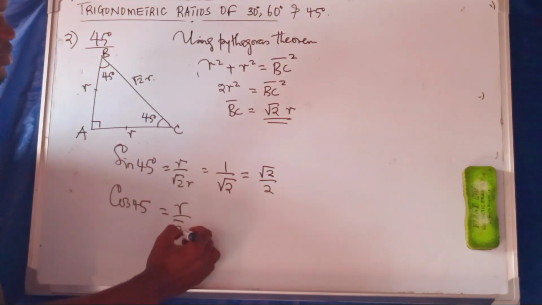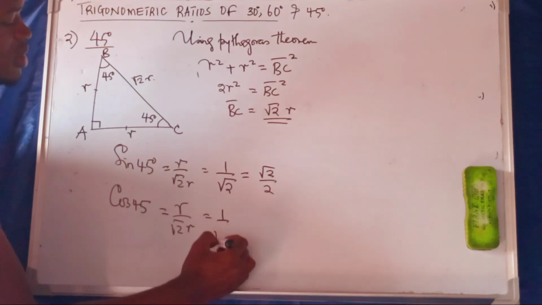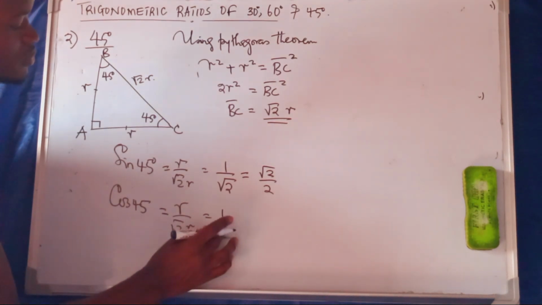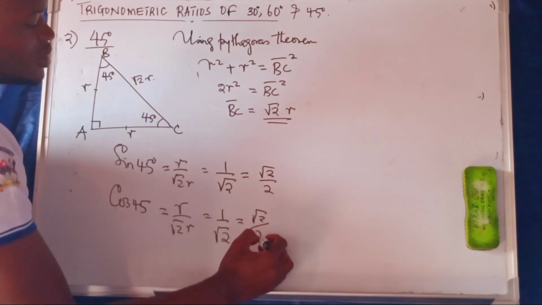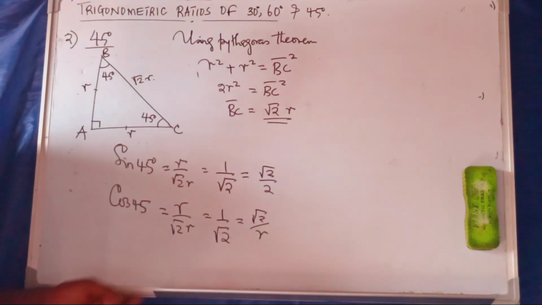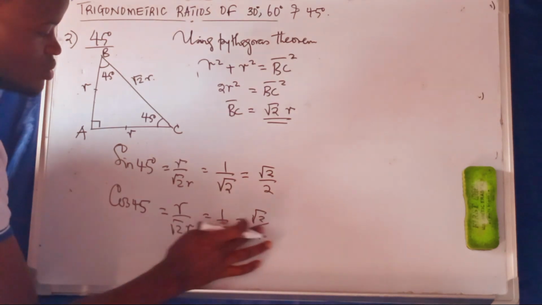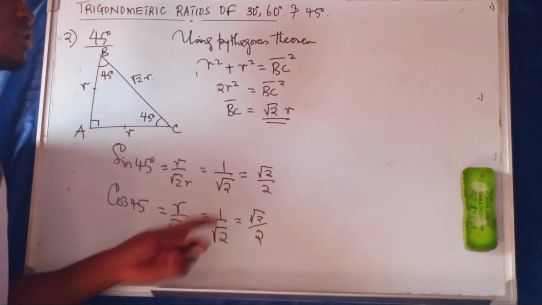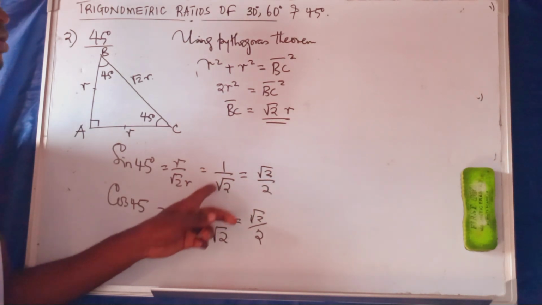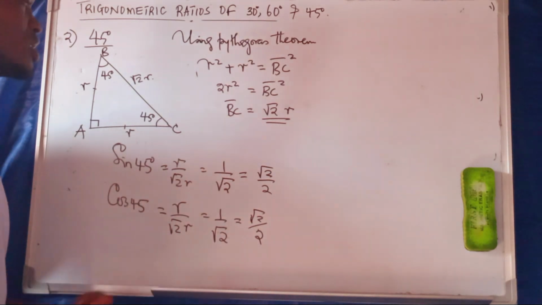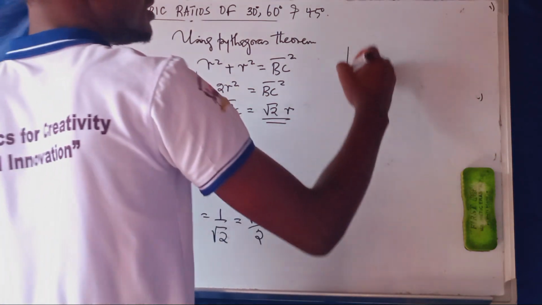R over root 2 R, which is 1 over root 2, which is equal to root 2 over 2. If you don't know how I got this, multiply here by root 2 and here by root 2. Root 2 times root 2 is 2. Simple. So now, what about tan 45?